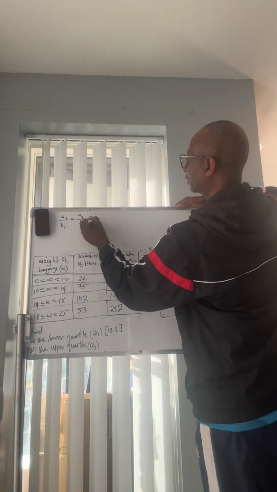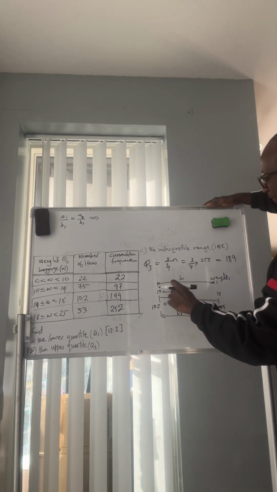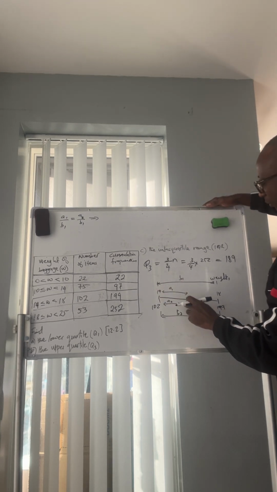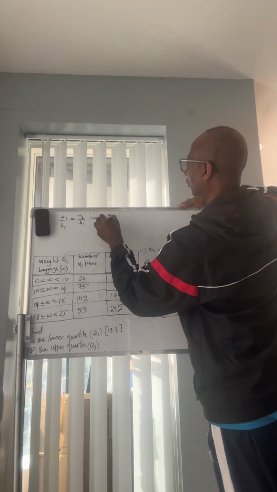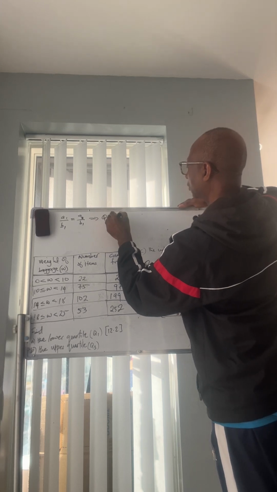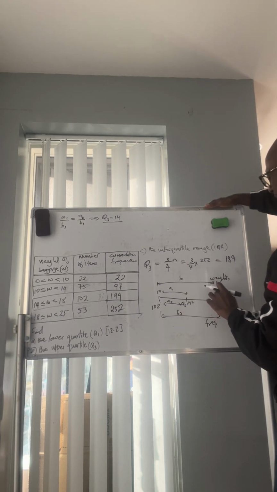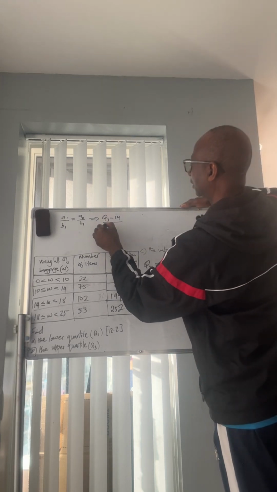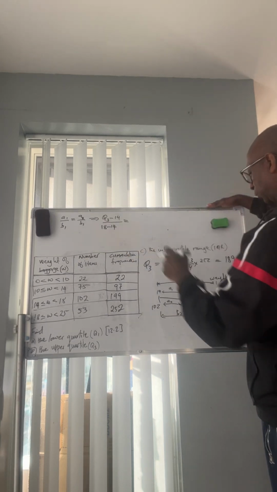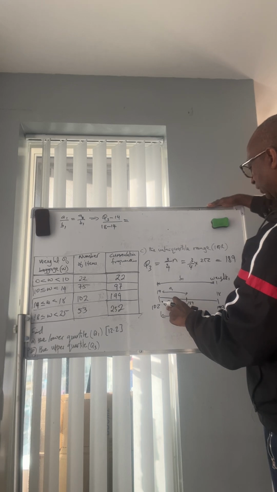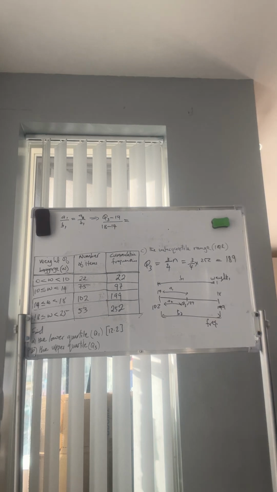So in this case, A1 is Q3 minus 14, over B1, which is 18 minus 14, must be equal to A2.